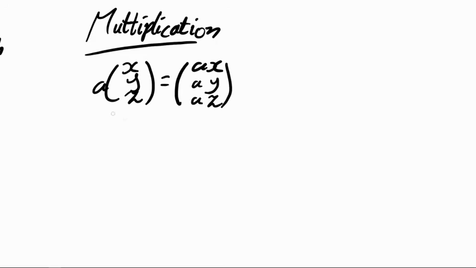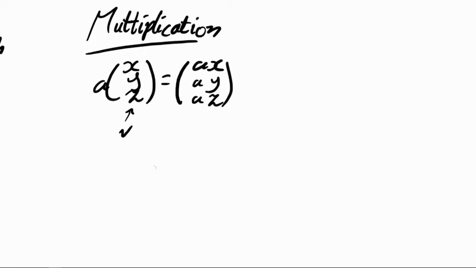Again, if this is the vector v and we draw a picture of v, then a times v, let's pick a number, say 2. So 2v is twice the length of v.